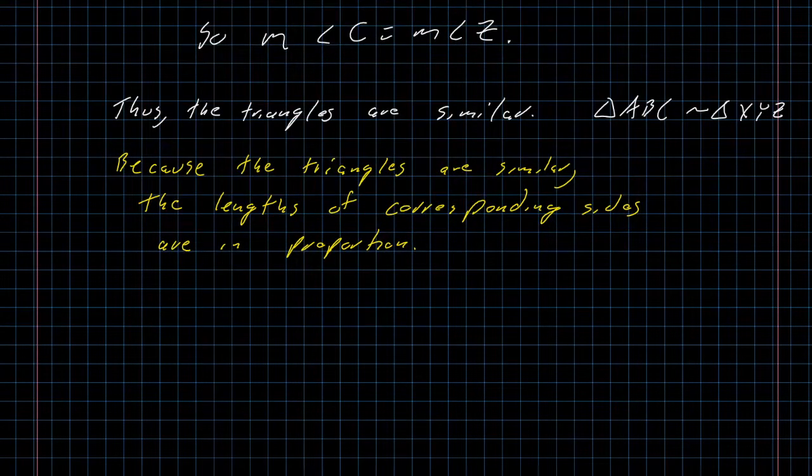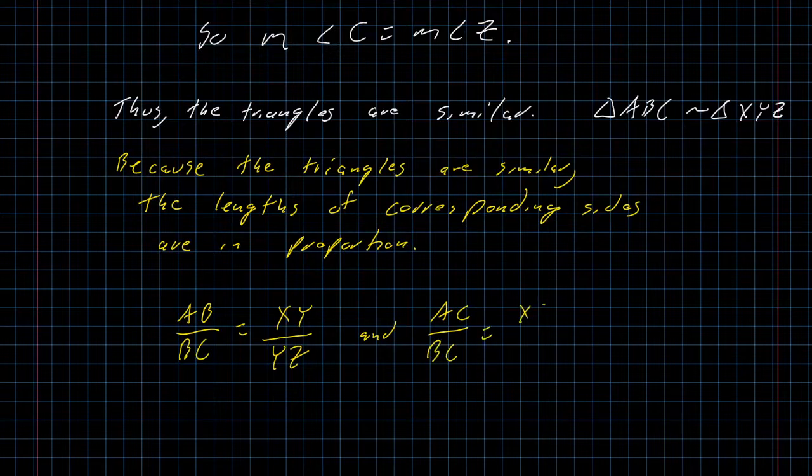So we can set up a ratio like AB over BC is equal to XY over YZ. And AC over BC is equal to XZ over YZ. And we can keep going, right? Anytime we choose two sides of one triangle, we can find the corresponding two sides of the other triangle, and they are similar to each other.